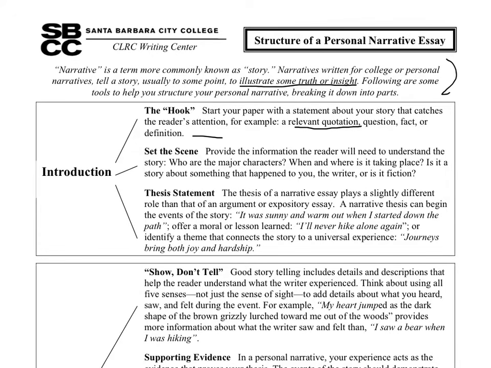Okay, so then they say set the scene, okay? Everything the reader needs to know to understand the story. Who are the major characters, and where is it taking place? Actually, I don't know where I got the idea it was in Arizona, because she doesn't actually tell us. Oh, because her father went to Arizona. But at any rate, the setting of the scene here mostly has to do with her and what she looks like.